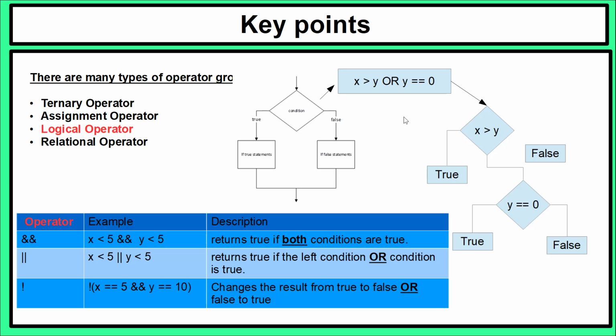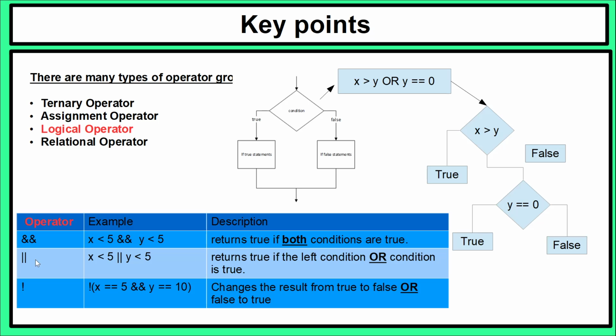There are three logical operators that you need to know, and you need to know the symbol that represents them in Java. So if you want and, which means both of the conditions must be true for the true statement to be executed, then we use the double and symbol.